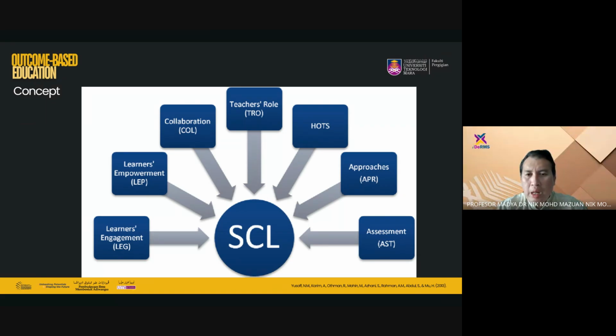Anyway, another thing involved in student-centered learning is the teacher's role. I have explained a little bit about the teacher's role, how we play our role in teaching our students. For example, if the students are quite weak in certain areas, maybe we can do something about it without leaving them behind.